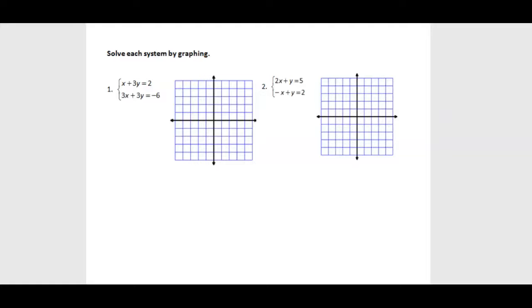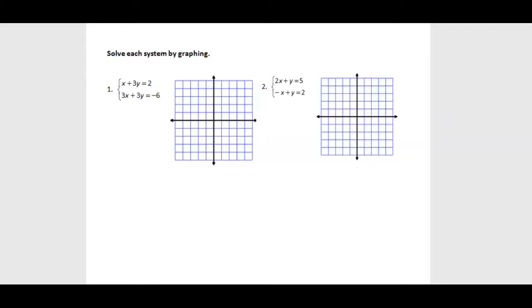And if you graph them from this form, then you would want to graph the x and y intercepts and connect the points. So just for good practice in number 1, I'm just going to graph one of them using the x and y intercepts and the other one using y equals mx plus b.